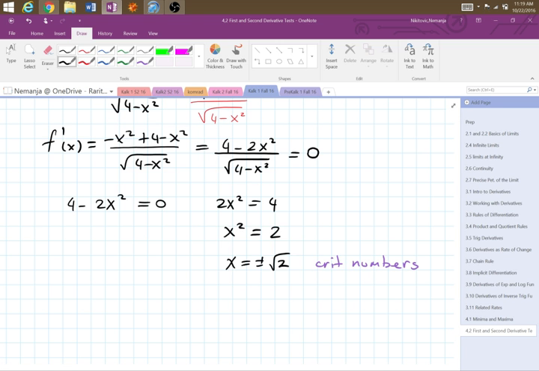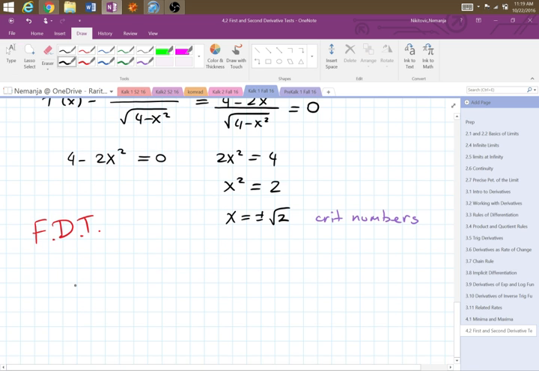And now we are going to do the first derivative test. First derivative test is we have the number line, and we have 0, we have negative root 2, and positive root 2.